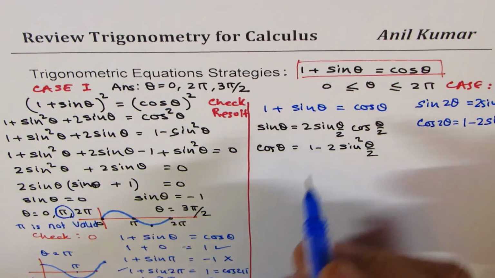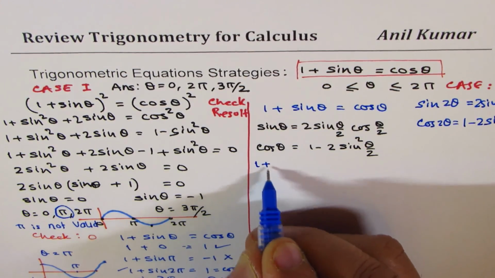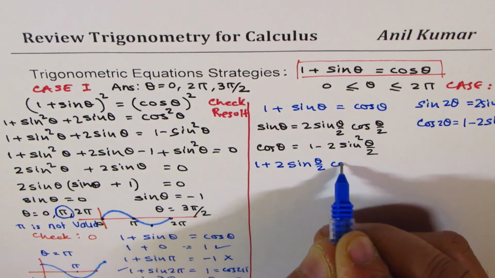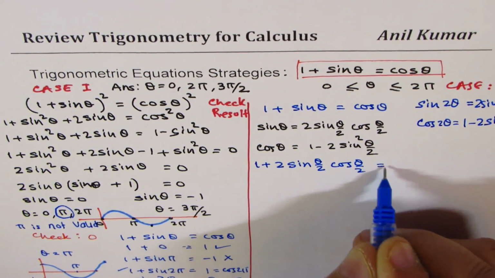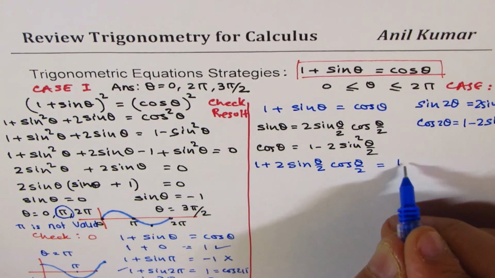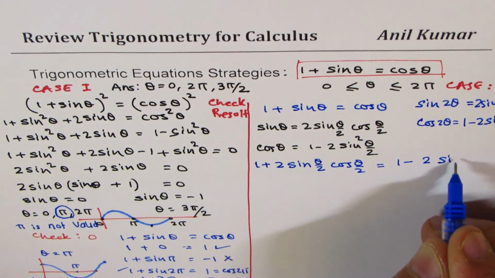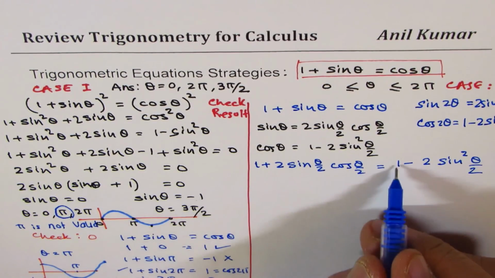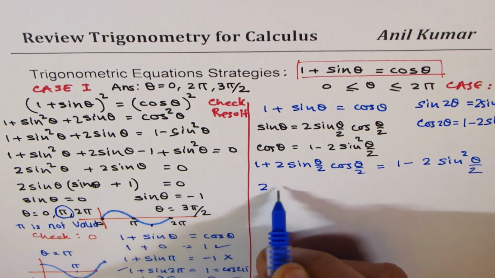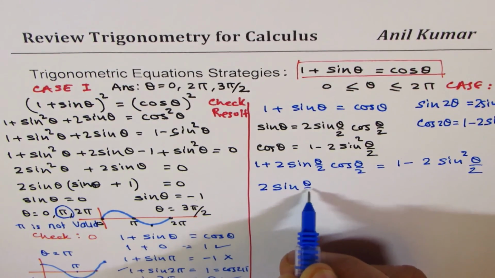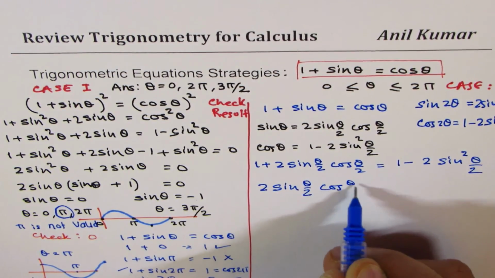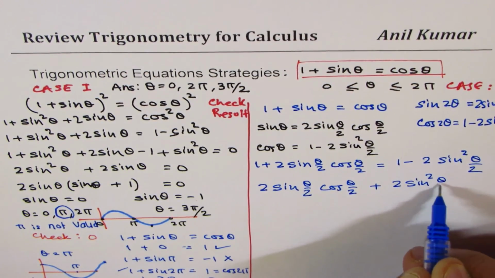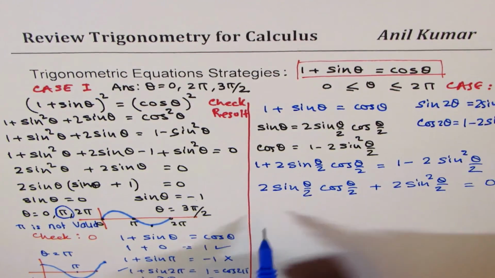If I do this substitution, I get 1 plus 2 sine theta by 2 cos theta by 2 equals, instead of cos theta, 1 minus 2 sine squared theta by 2, right? Let's bring the terms together. 1 and 1 cancel. We get 2 sine theta by 2 cos theta by 2 plus 2 sine squared theta by 2 equals 0.